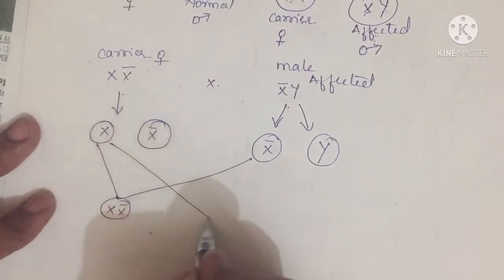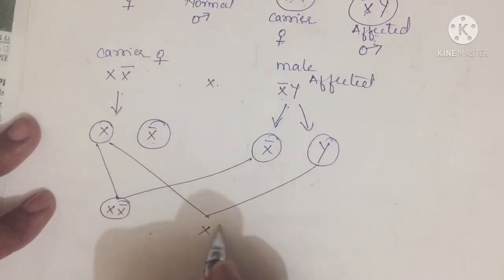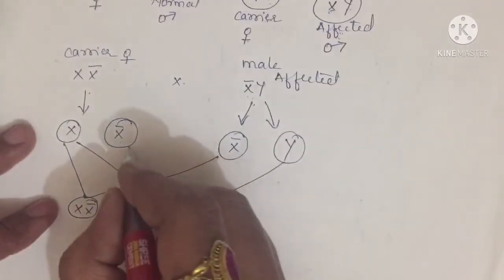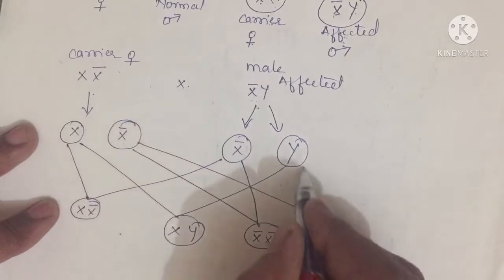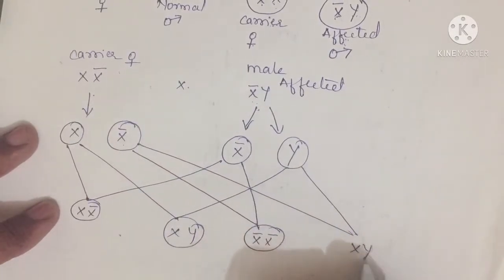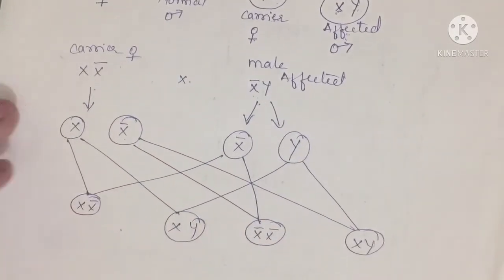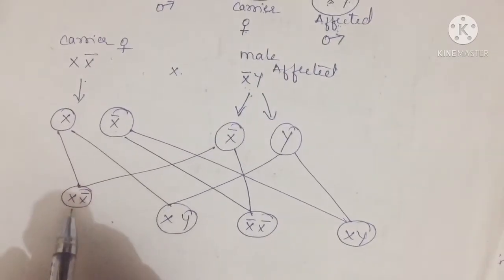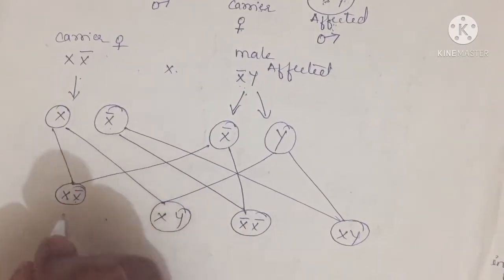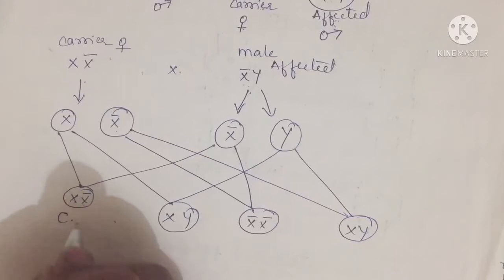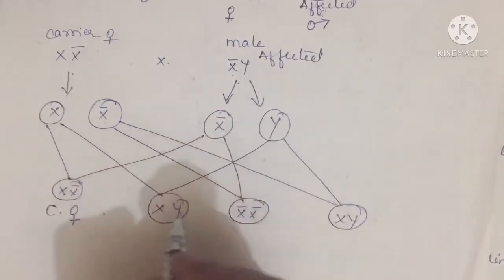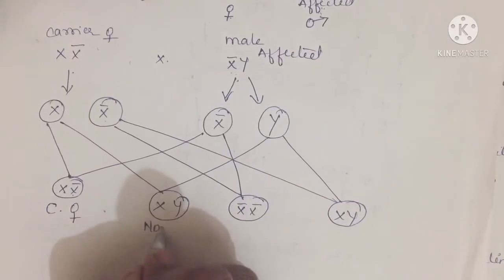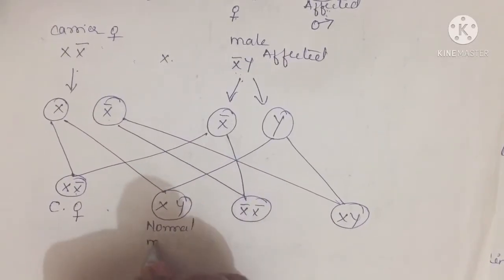Then you can get X and Y, then you can get this one X dash, then you will get XY. Okay, you can find here X dash, then what will you write? She is a carrier female. Okay, then this one is a normal male.